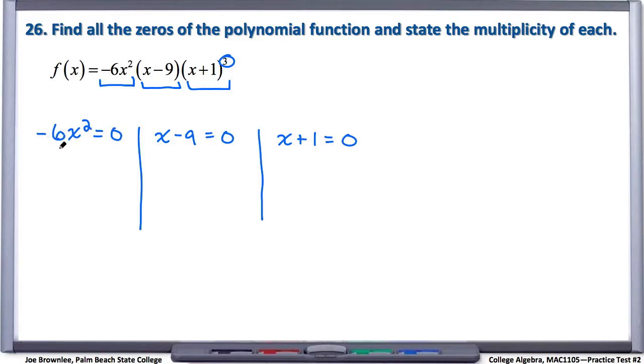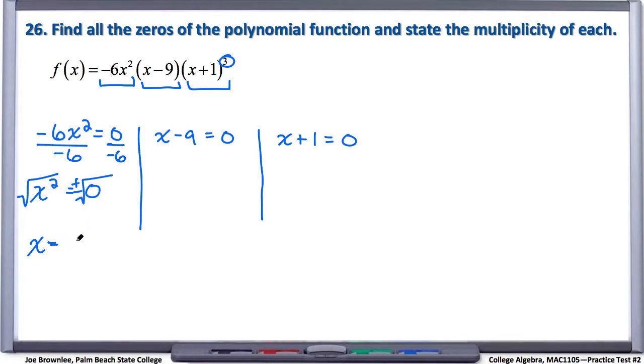First, with negative 6x squared equals 0, let's divide by negative 6 on both sides. That leaves us x squared equals 0. Now we can take the square root of both sides, and recall that when you take a square root, you have to do plus and minus. So x equals plus or minus radical 0, and radical 0 is just 0.